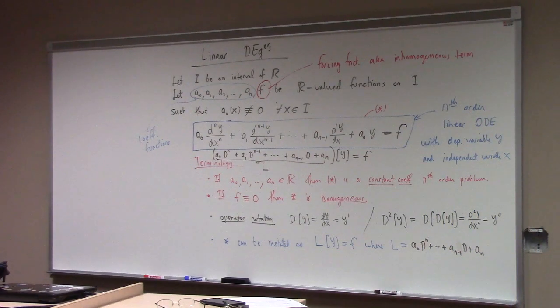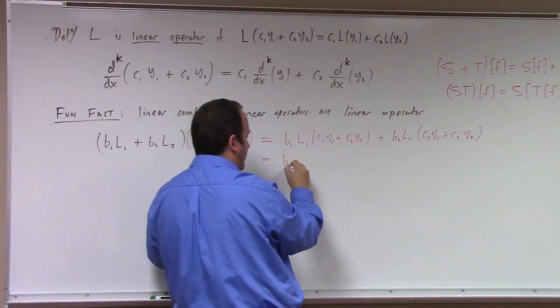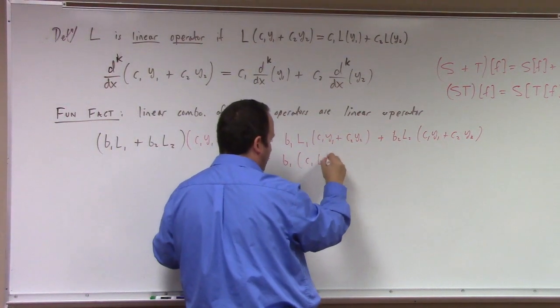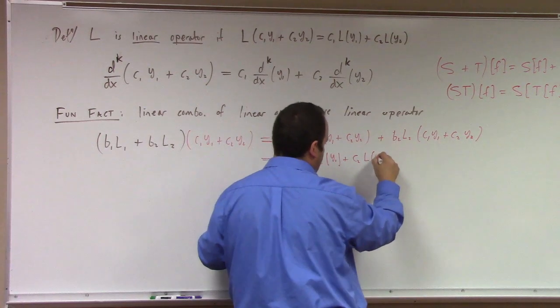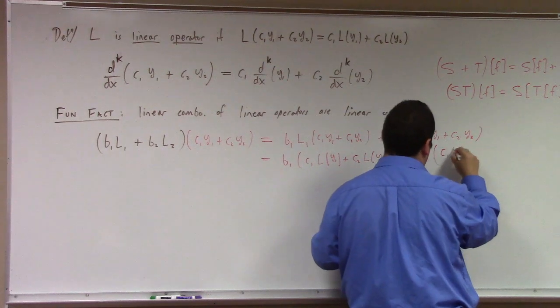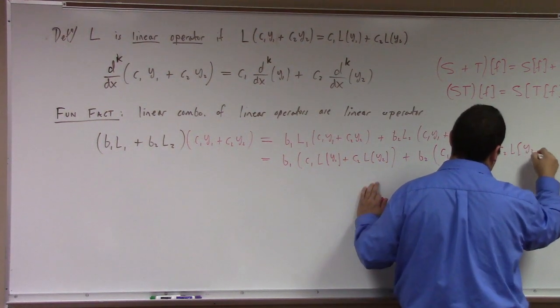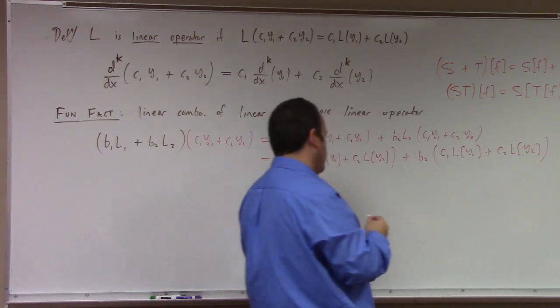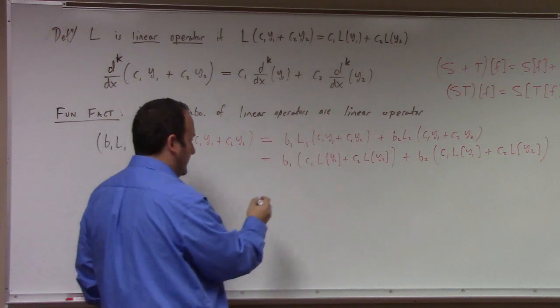What's next? We're assuming that L1 and L2 are linear, right? So that gives me B1, C1, L of Y1, plus C2, L of Y2, plus B2, parentheses, C1, L of Y1, plus C2, L of Y2. And, tired of this red, let us regroup things.